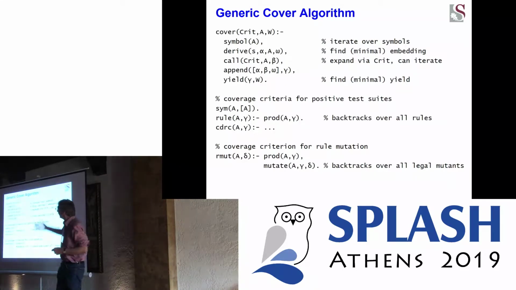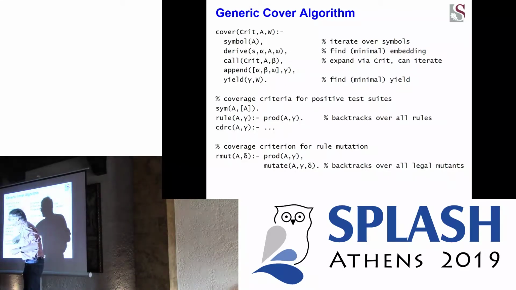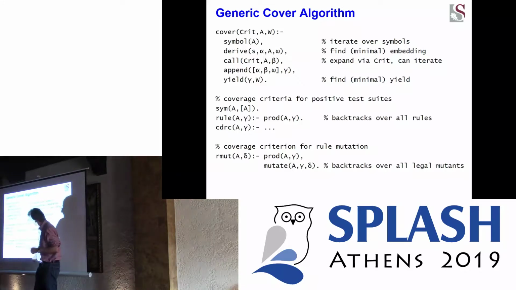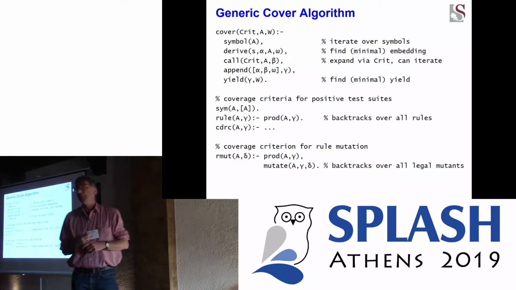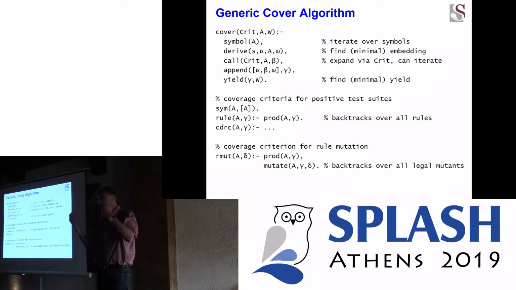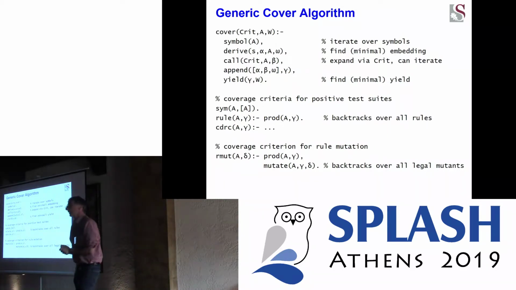You can use this generic algorithm both for positive test suites and for negative. Right? So we take a rule mutation, we just look at the rule and backtrack over all possible mutants of that rule. And by embedding that into the derivation for its left-hand side and then grounding out with, say, the minimal yield, we get a negative test case.